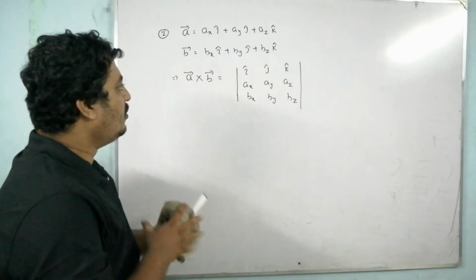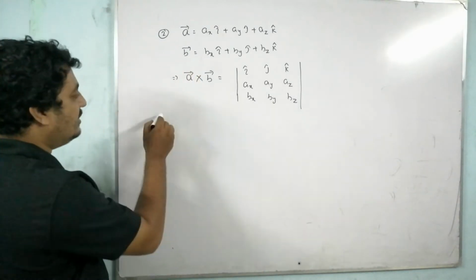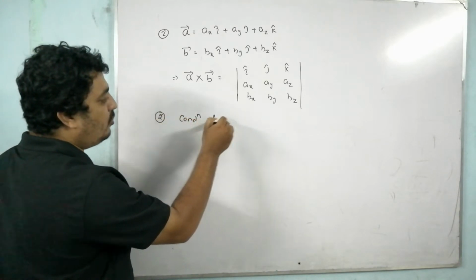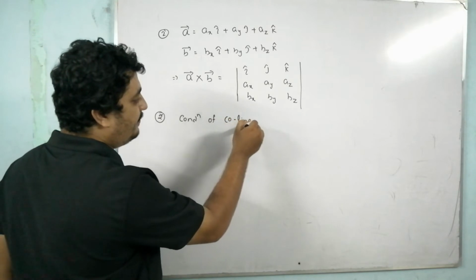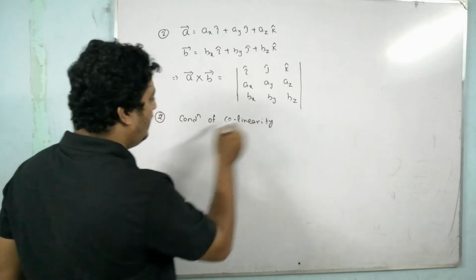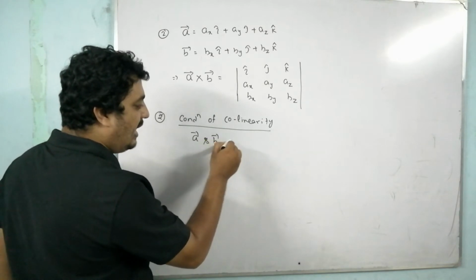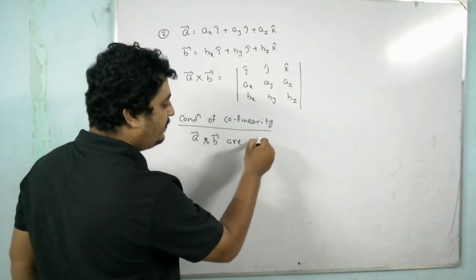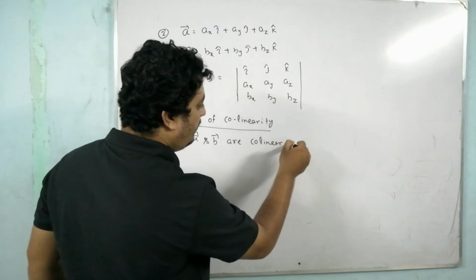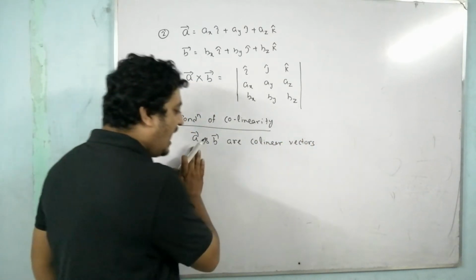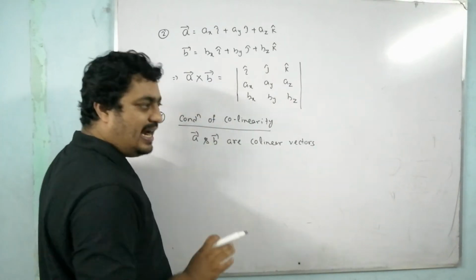Now we will go for next one, which is called condition of collinearity. Now if A and B are collinear, so collinear vectors means either they are parallel or anti-parallel.